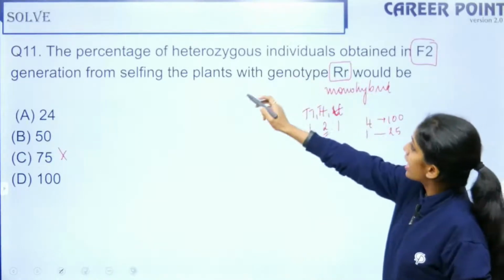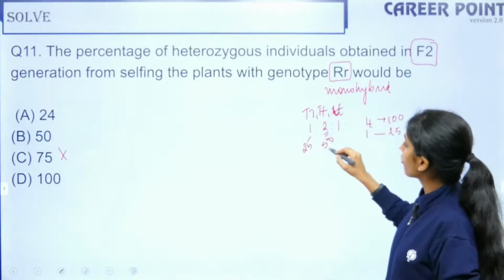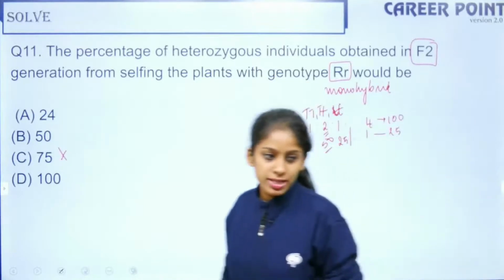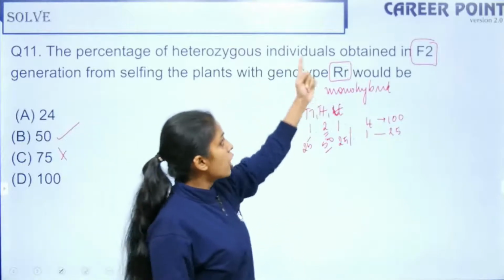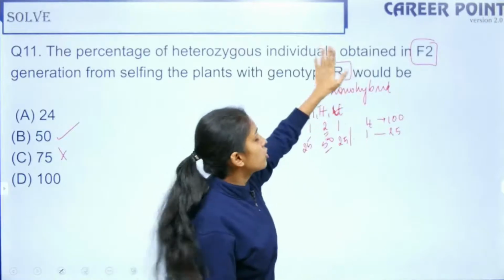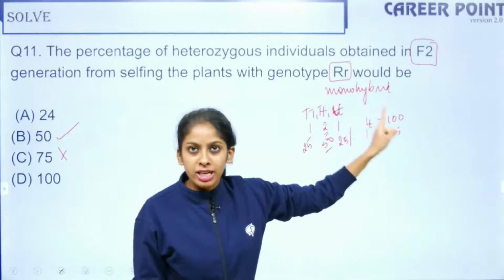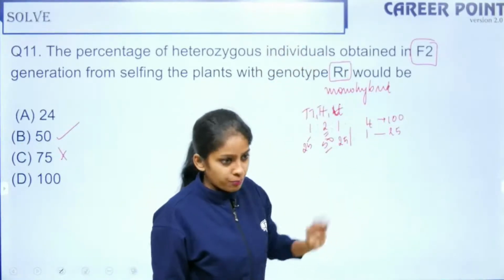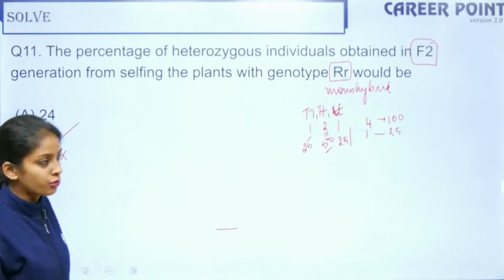Two offspring are heterozygous, so it is 50. It contributes 25%, 50%, 25%. So the answer is 50%. This is the only genotype, meaning it is monohybrid. If it is not mentioned as mirabilis, dog flower, etc., it is a normal Mendelian cross. That is how you should consider. So the answer is option B, that is 50.